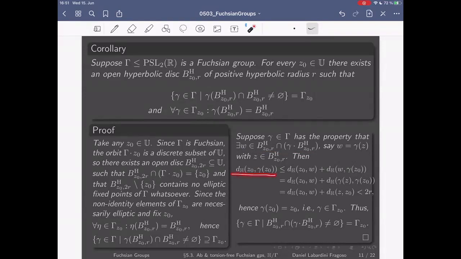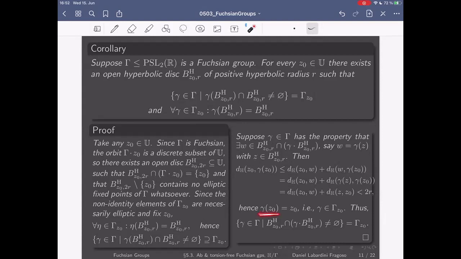And then the triangle inequality gives us that this distance here has to be smaller than 2r, but among the points which are smaller than 2r, there are no translates of Z0.